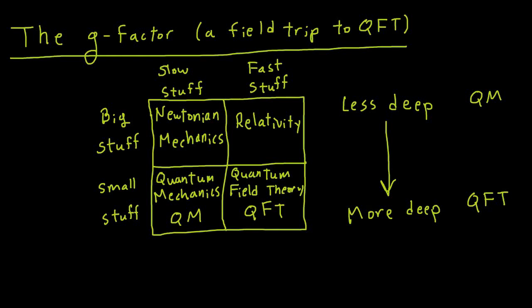Now, there's nothing wrong with this, right? In some sense, this is how science works. So people initially figured out Schrödinger's equation through a mixture of guessing and experimental evidence. And in that sense, you can think of Schrödinger's equation as sort of like F equals ma in Newtonian mechanics, right? So in Newtonian mechanics, F equals ma cannot be derived. It's a starting point. Newton didn't derive F equals ma.